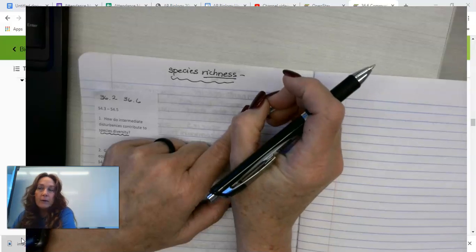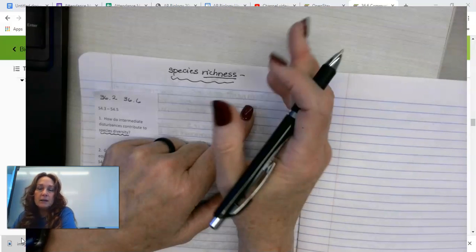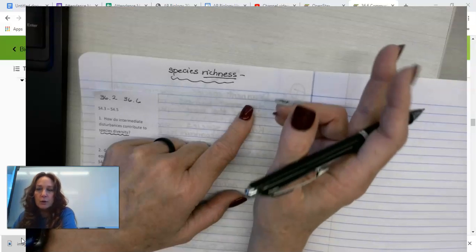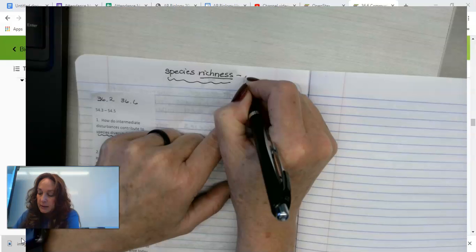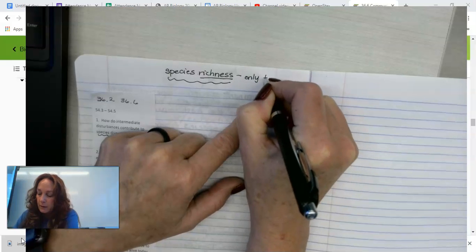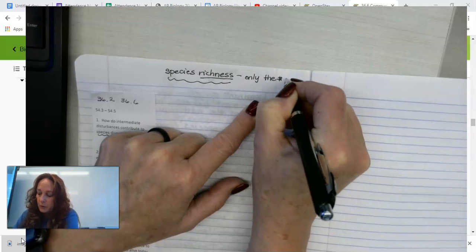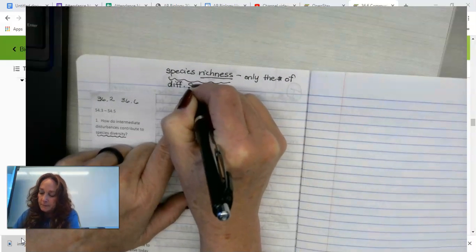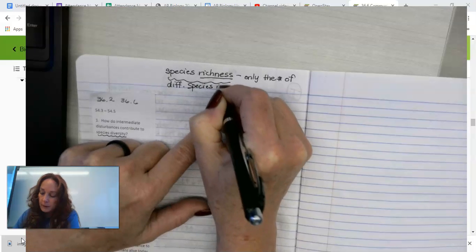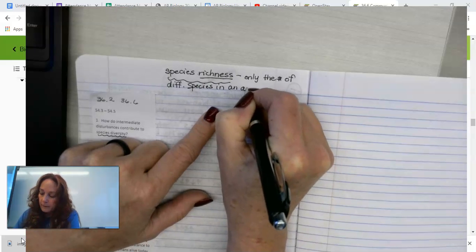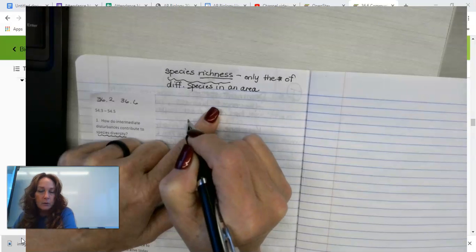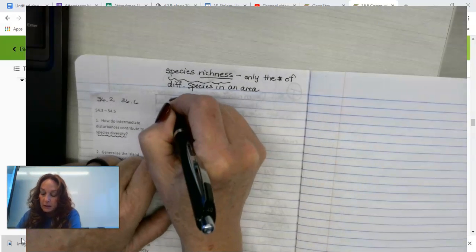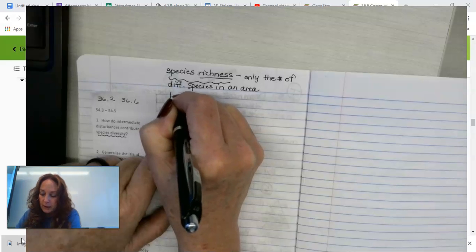You could have 1 million of one thing and 6 of another, and you still have 2 that you're counting, because there's just 2 that are different. So the richness is only the number of different species in an area. You do not take into account how much of each you have.